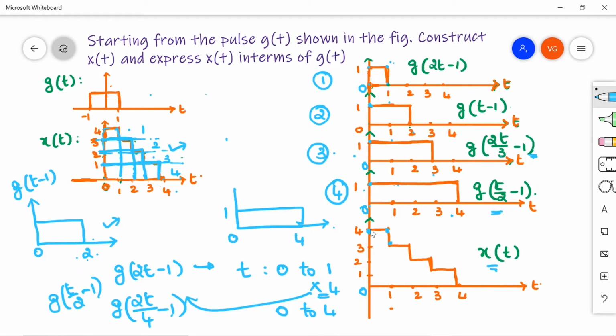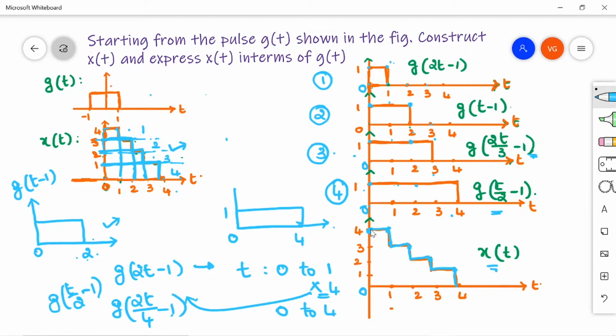At t equal to 2, this has 0 amplitude. It is 1 here, 1 here, 1 here. So 3. Again, at t equal to 3, 0 and 0. Here I have 1 and 1, 2. Right? So at t equal to 4, 0, 0, 0, 1 I have. As all these are step signals, join all the data points that you have marked with steps.